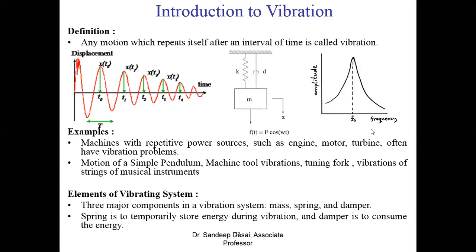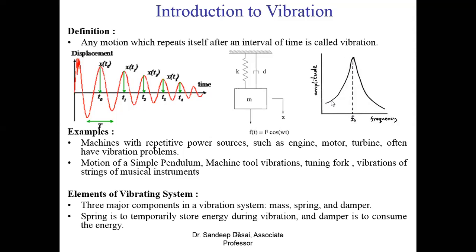This one more figure shows you an amplitude versus frequency plot. With frequency, how amplitude changes is shown here. And you must have heard one term n number of times earlier, that is called resonance. So what is resonance? I have tried to demonstrate here. At a certain frequency, amplitude becomes very high.